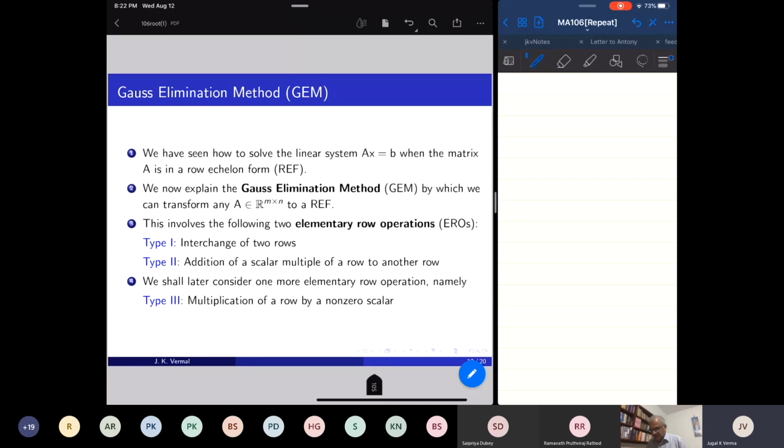If I had a solution before, I substitute the solution after multiplying an equation by a non-zero scalar, it will continue to remain the solution, and vice versa. So these 3 elementary row operations, they do not change the solutions of the system of equations. And so we can apply these to the coefficient matrix or the augmented matrix, and you will see that the Gauss elimination method, by using these 3 row operations, can convert a given matrix into row echelon form.